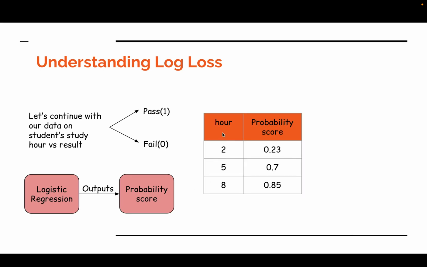Consider we have 3 data points where you have students who have studied for 2 hours, 5 hours and 8 hours. And you have sent these inputs to the logistic regression model and you got this probability score 0.23, 0.7 and 0.85. Now, how good are these probability scores such that we can reach a specific class? Now that's where log loss comes into picture.